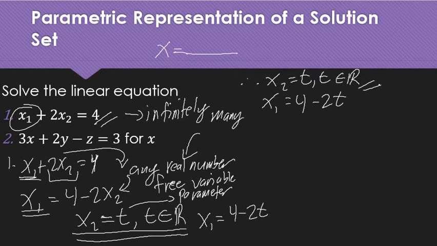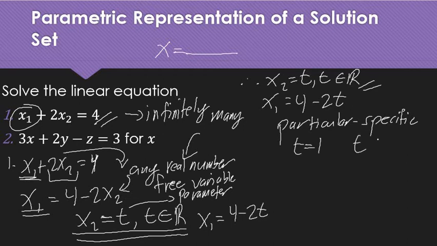So, to show some particular solutions, and when we say particular, we mean specific, say, for example, we let t be equal to 1 and t be equal to 0. That means my x sub 2 will be equal to 1, and my x sub 1 will be equal to 4 minus 2 times 1, which is equal to 2.